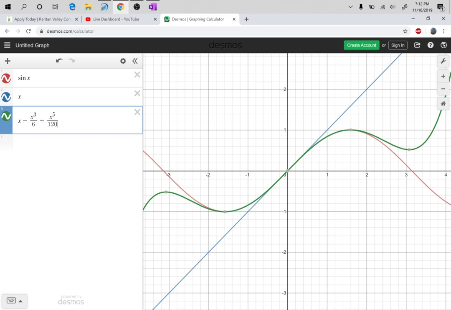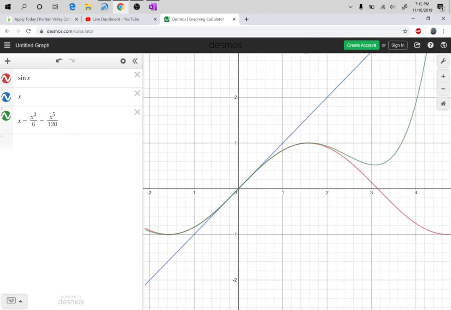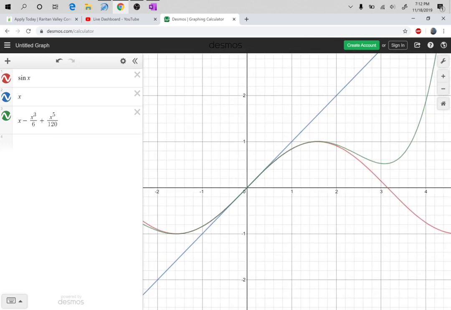Ooh. Look at the green line. Do we all see how the green line matches the red line much longer than the blue line? The more terms I put in, the more the function is going to snake around sine x. It's going to match it for longer.